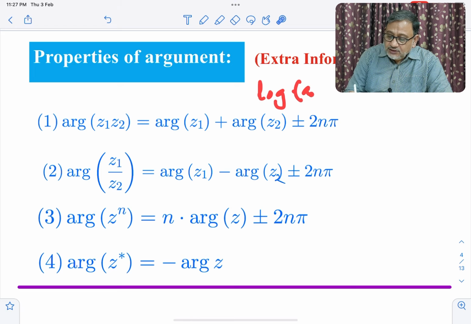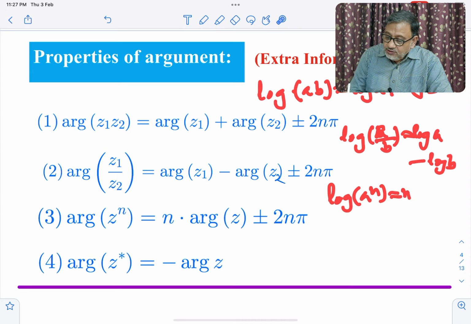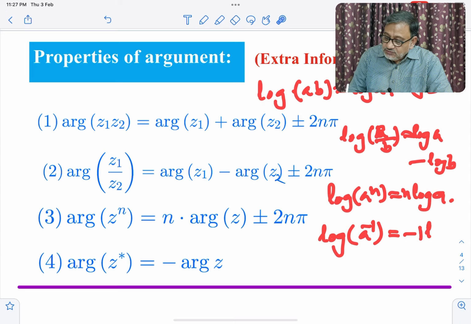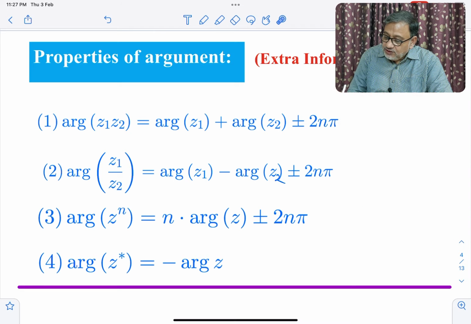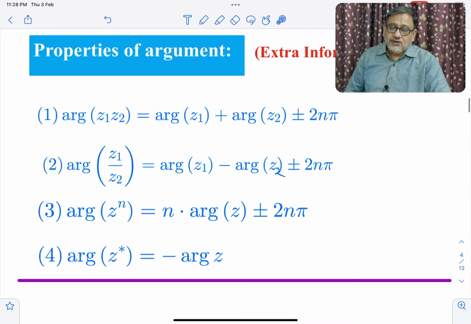In logarithm also we write log of a into b is equal to log of a plus log of b, and log of a by b is equal to log of a minus log of b. And log of a to the power n is n into log of a, and log of a to the power minus 1 is minus 1 into log of a. So these are similar to the logarithmic properties, so you can remember them, I hope.